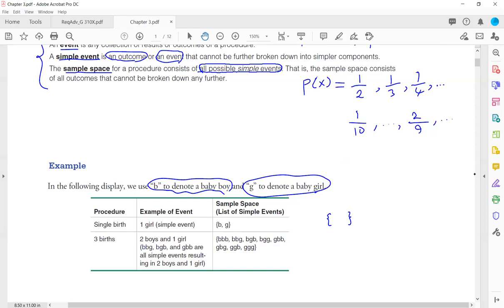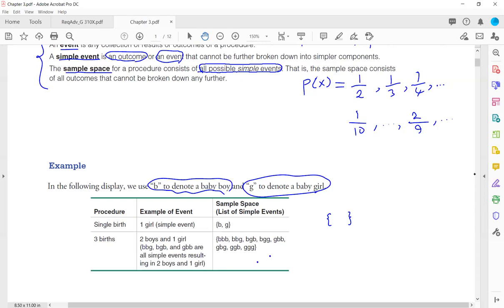What is the sample space, the list of all possibilities? 3 boys, 2 boys and a girl, 1 boy 1 girl 1 boy, 1 boy 2 girls, 1 girl 2 boys, girl boy boy, another girl, 2 girls and a boy, and 3 girls. This is the collection of all possibilities. This is your sample space.